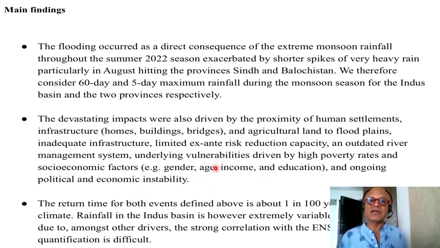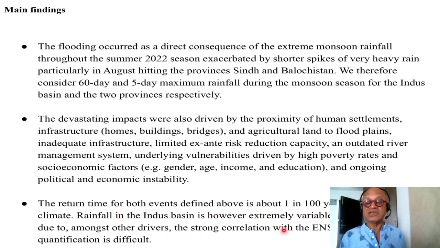The report actually provides some vulnerability analysis, which I'm not going to include here because it's a bit of a digression from just reporting on the attribution. But one can easily imagine that the heavy rains were exacerbated by human activities to make the floods much worse. The return time for both events defined above is about 1 in 100 years in today's climate.